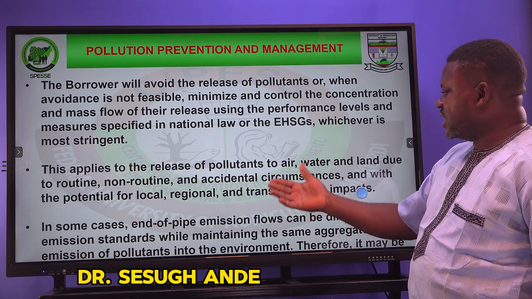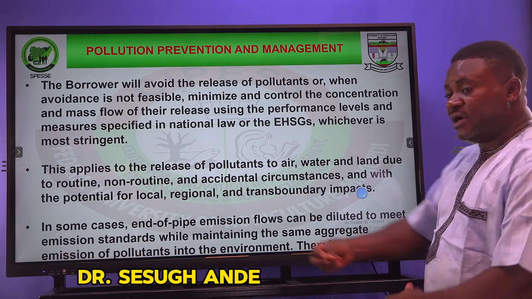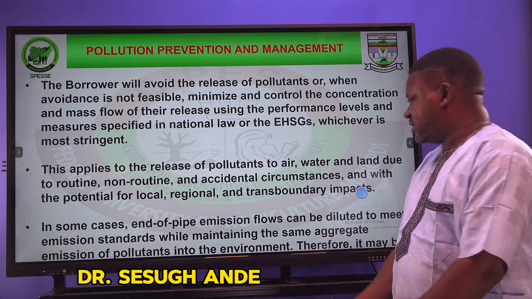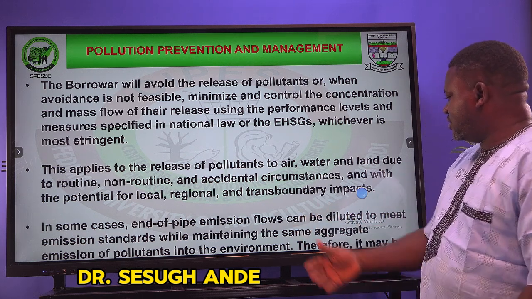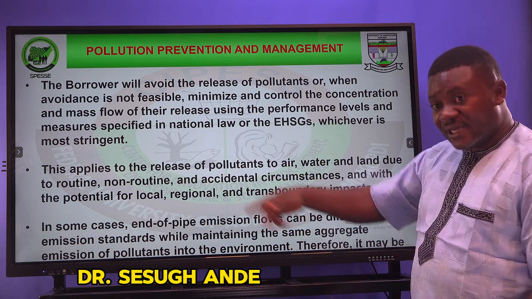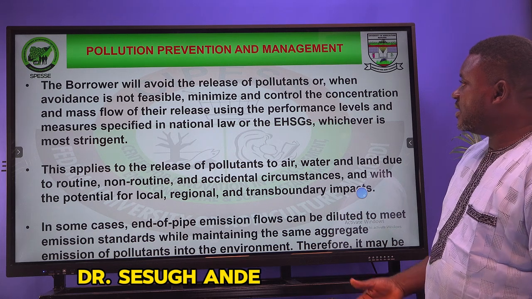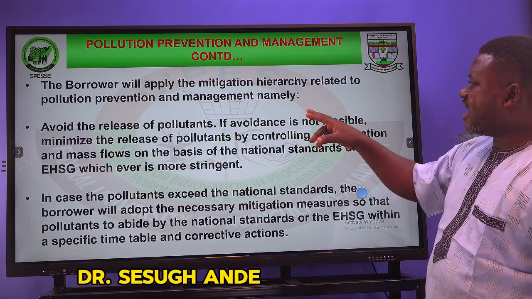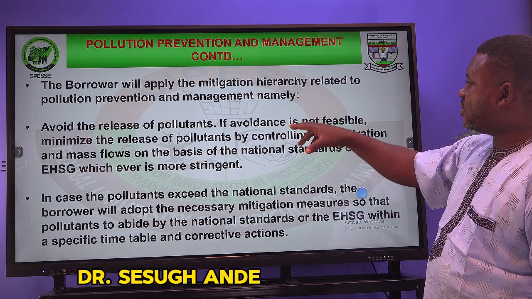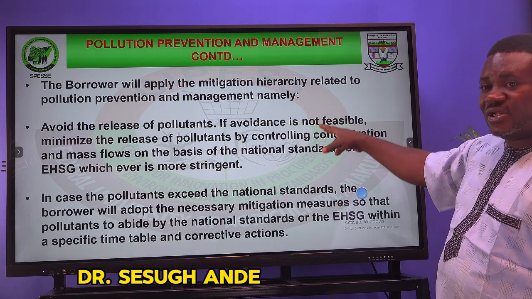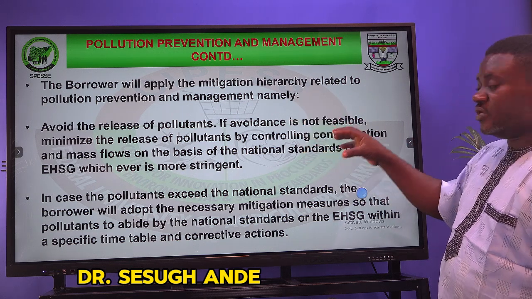In some cases, end-of-pipe emission flows can be diluted to meet emission standards while maintaining the same aggregate emission of pollutants into the environment. Therefore, the borrower will have to apply the mitigation hierarchy related to pollution prevention and management, namely to avoid the release of pollutants.